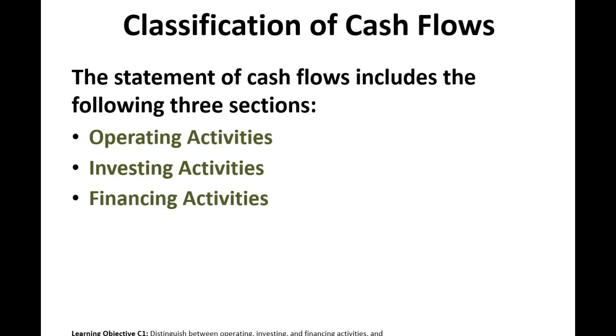A net cash inflow occurs when receipts in a category exceed the payments from a category. Net cash outflow, or use of cash, occurs when payments in a category exceed receipts.